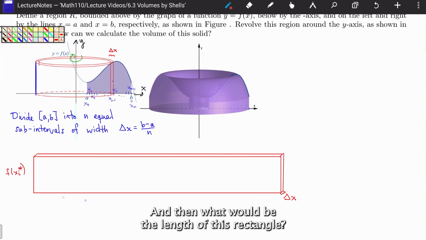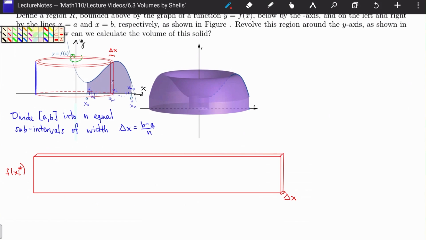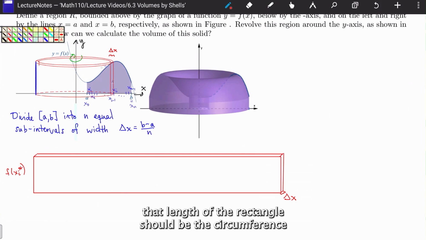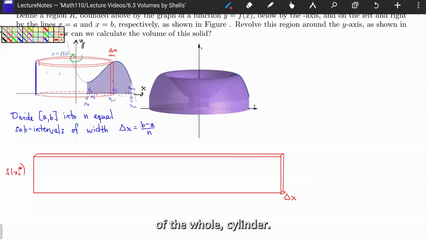And then what would be the length of this rectangle? If you think about where this rectangle came from, that length should be the circumference of the whole cylinder.